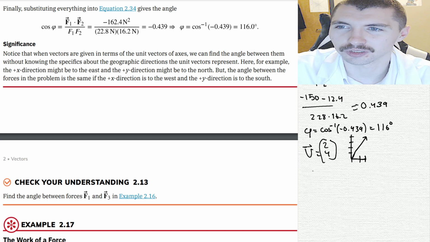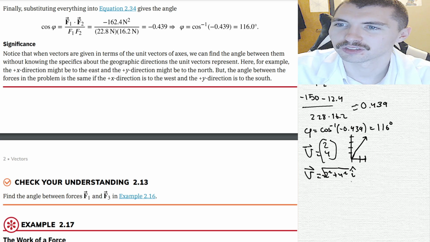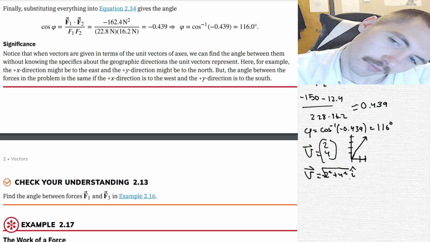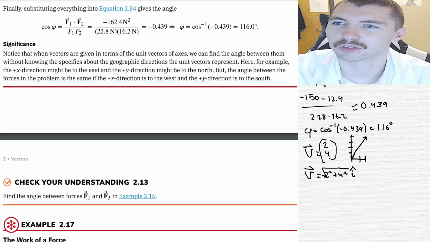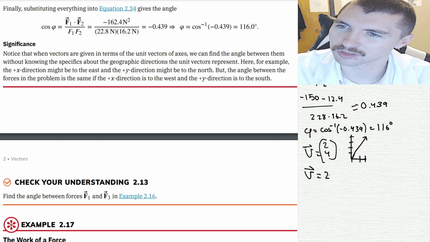Vector v is defined as 2 squared plus 4 squared times I hat, some unit vector. Well, that would be the magnitude of that. This is more saying, what do we cosine angle?